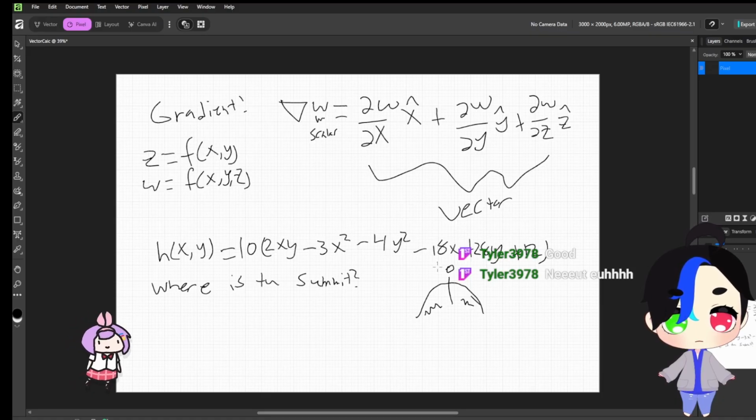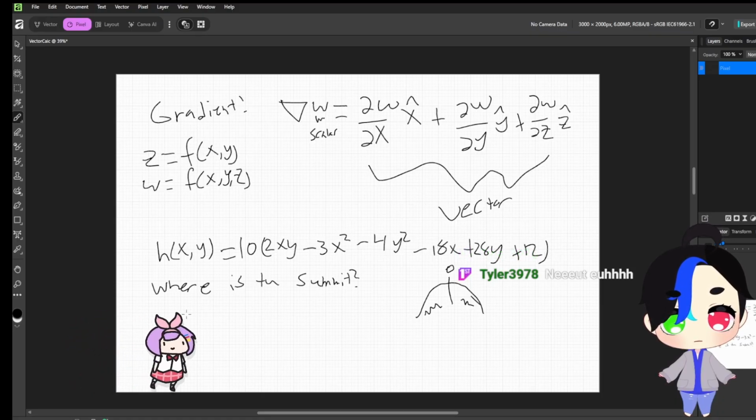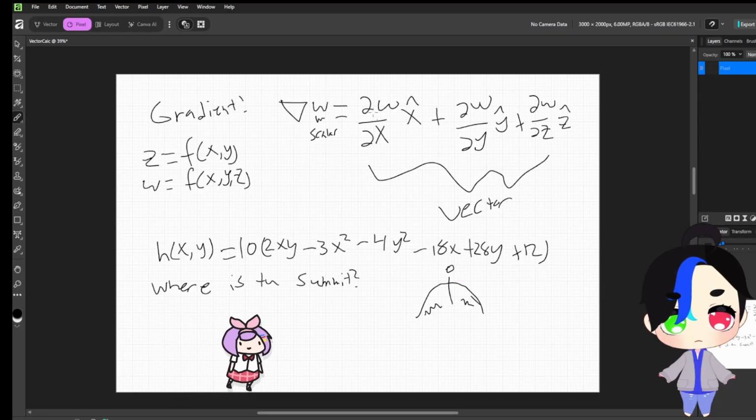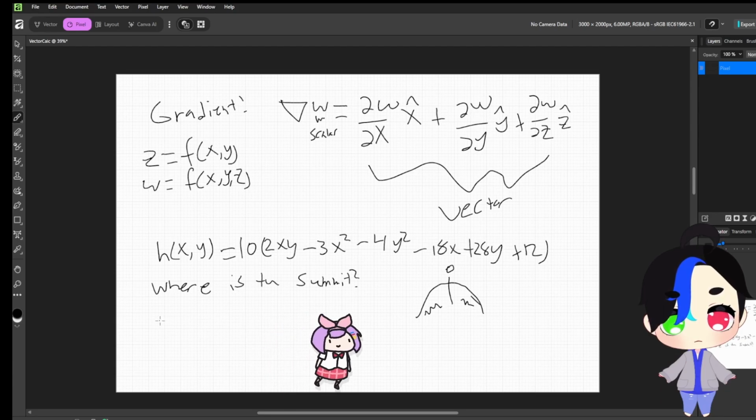So that means if we want to find the summit, we need to find the point where the derivative with respect to x is 0, the derivative with respect to y is 0, and the derivative with respect to z is 0.